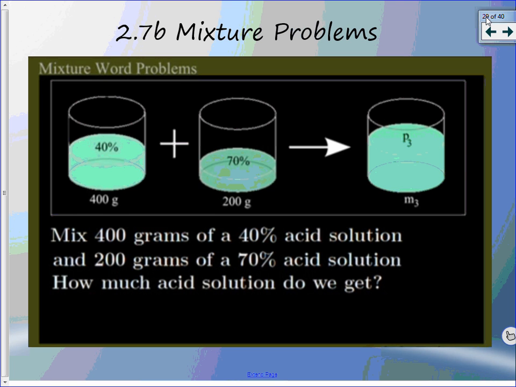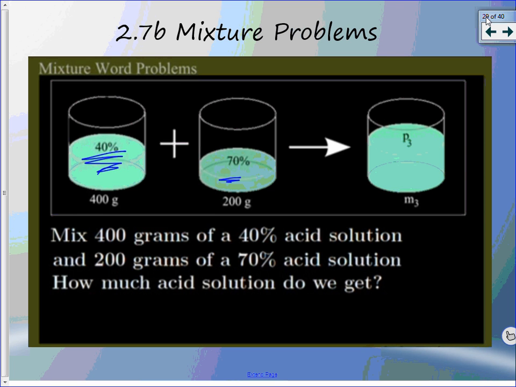if we have a quantity of acid, and this has 40% acid in it. And this has 70% acid, which I know seems weird because there's less.